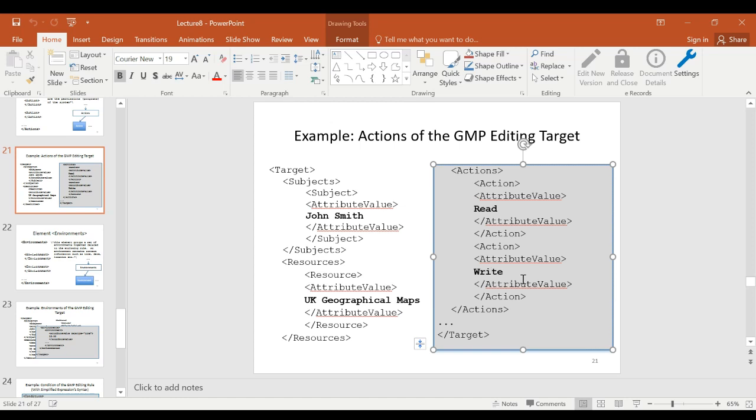But in all of these instances, the data that we're given to the policy must be encapsulated with this attribute value, because that is a value, if you think of it, for this particular attribute. And so are all the other ones as well.